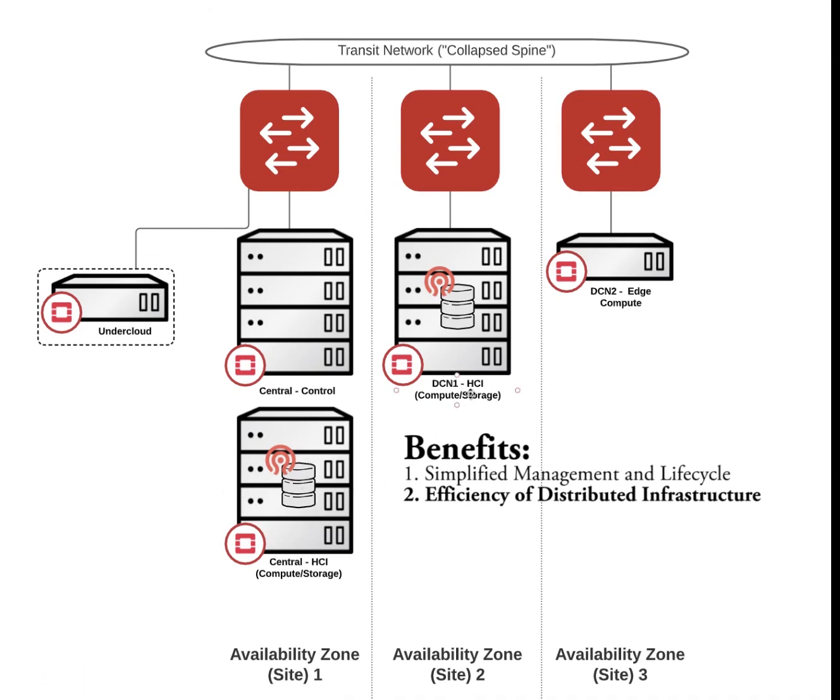However, if you look at the DCN1, which might be another rack in the same data center, or maybe an entirely different data center, as long as there's less than 100 millisecond latency between the DCN1 and a central location. But as you can see, there is no dedicated control plane here. What makes this perform well is everything is localized and highly available from that cluster perspective.